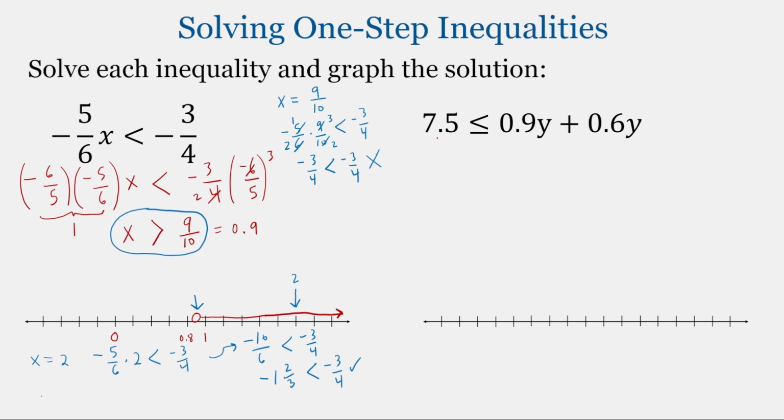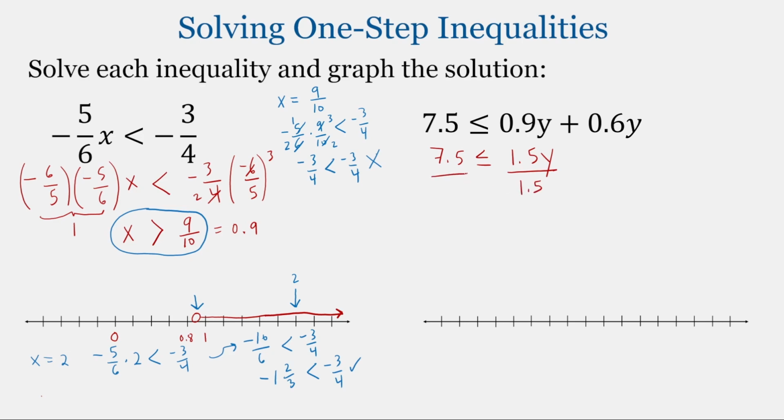For this last problem, we can simplify down the right side of this inequality first. So we have 7.5 less than or equal to 0.9 plus 0.6, which is 1.5, or 1.5 y. Our variable is multiplied by 1.5, so we'll divide it by 1.5.